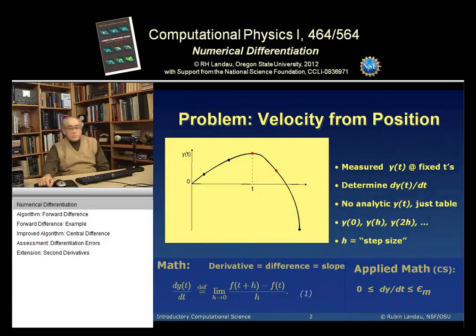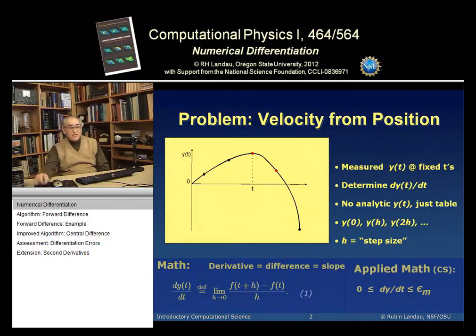Okay. And what we have as our problem is, given this set of measurements of y as a function of t at fixed spaces, determine the derivative, determine the velocity as a function of time. Now you can think of this as a table of numbers, and you can think we don't have any analytic expression for y of t, so we have to do it numerically.